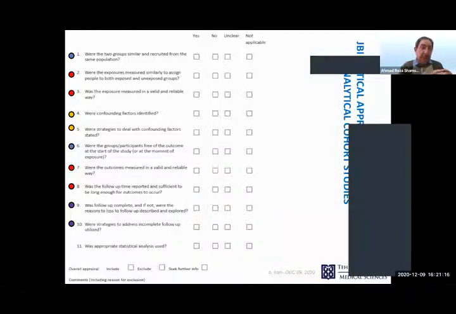So the loss to follow-up itself is a type of selection bias. So be careful about loss to follow-up, and it's completely different from the sample size.